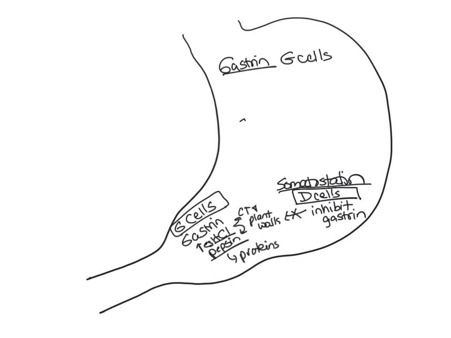Ghrelin is another hormone that is released by the stomach. Ghrelin initiates hunger, so it makes you feel hungry. It increases right before meals, and then it decreases after the meals once the stomach is full.